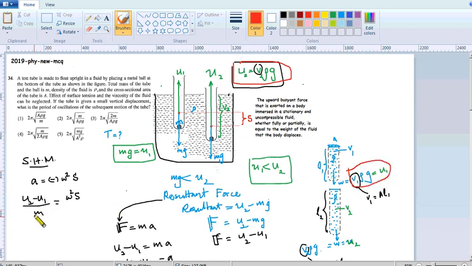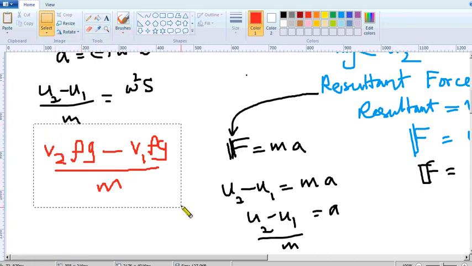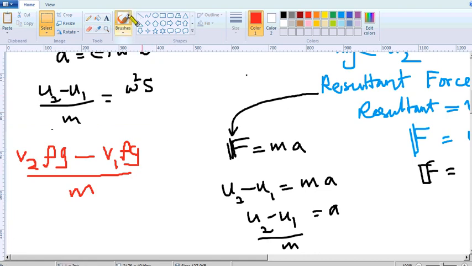So we write, instead of u2, v2 rho g, minus, instead of u1, v1 rho g, divided by the whole thing m, equals omega squared s.